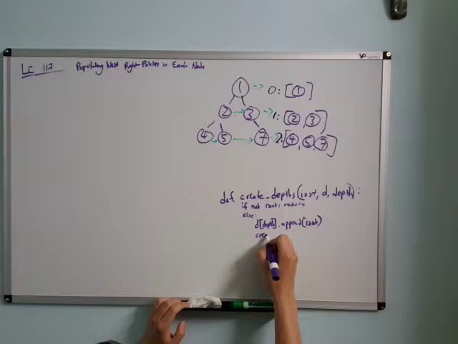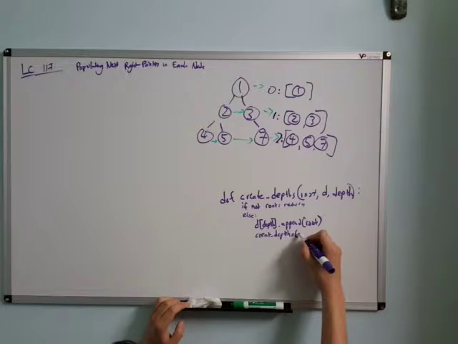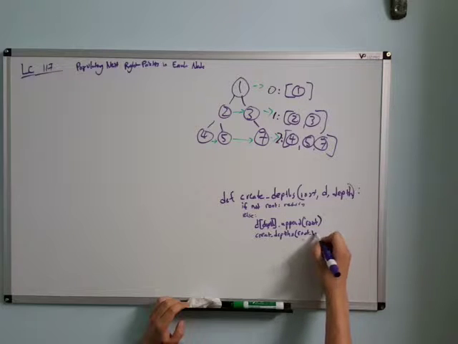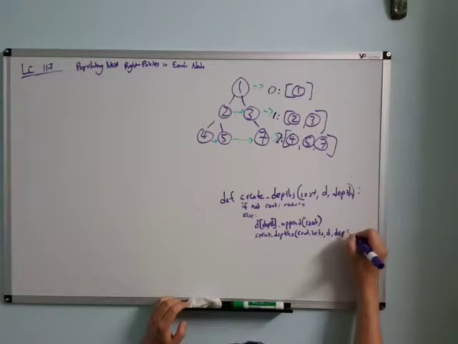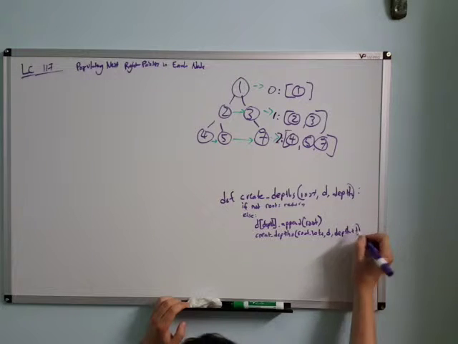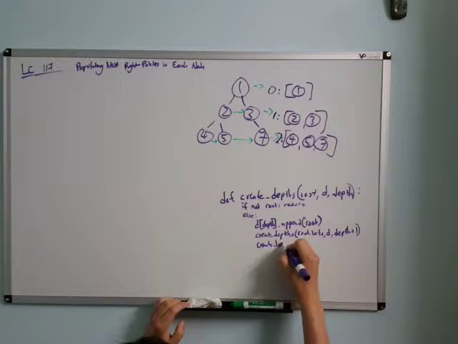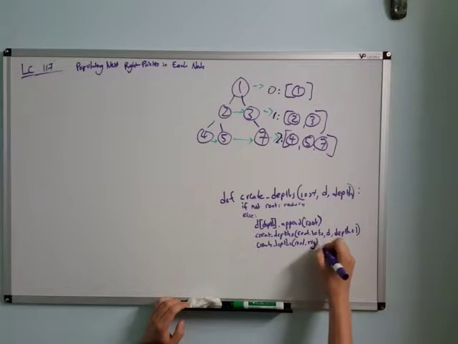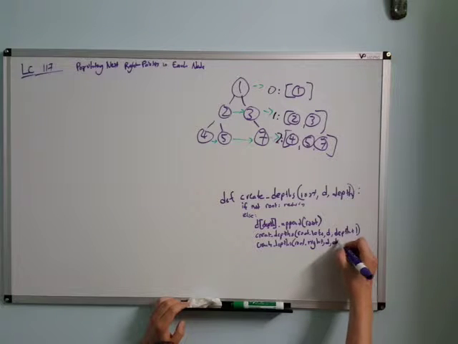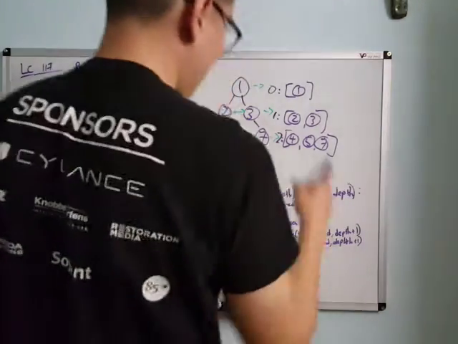Then we recursively call this function: create depth on root left, d, depth plus 1. Same thing for root right, d, depth plus 1. So now we have this, right?